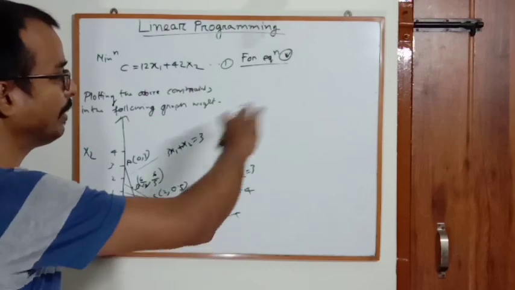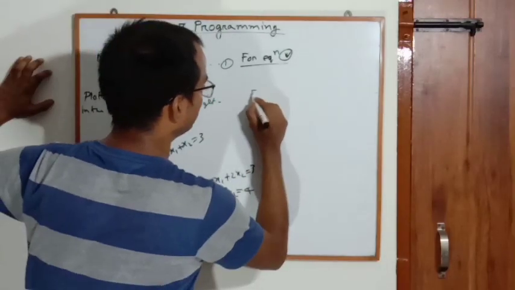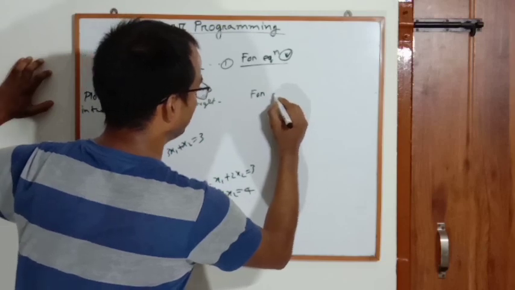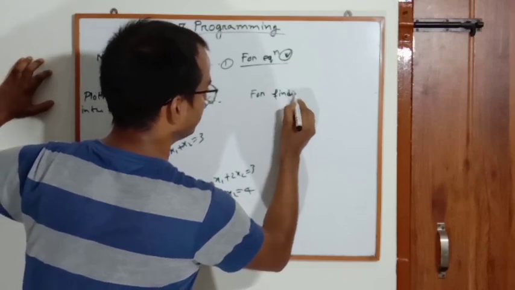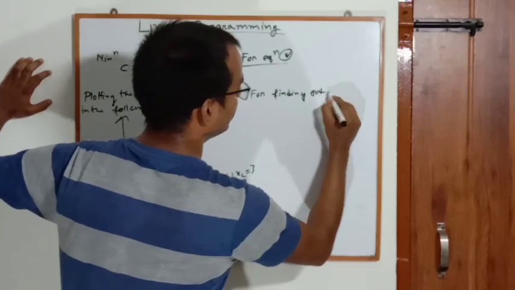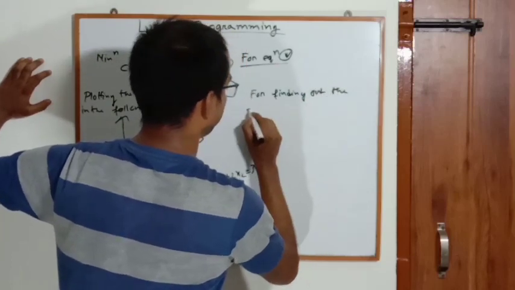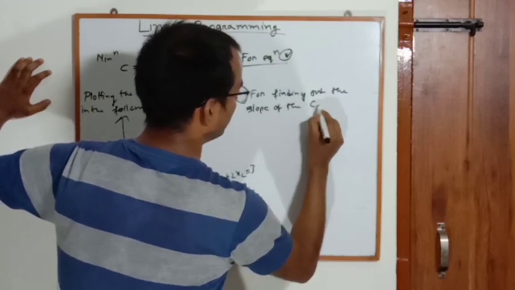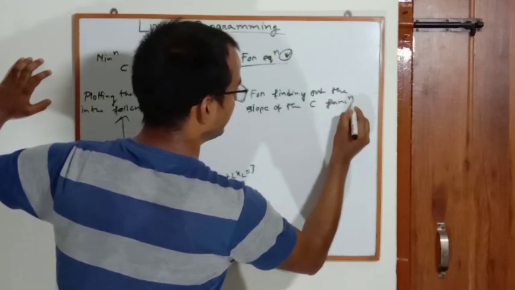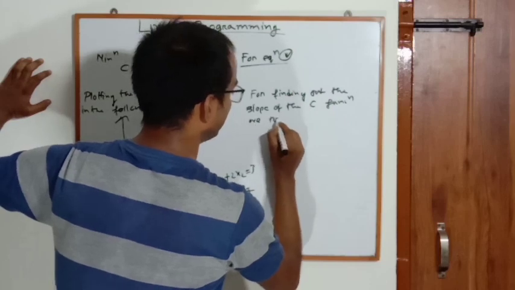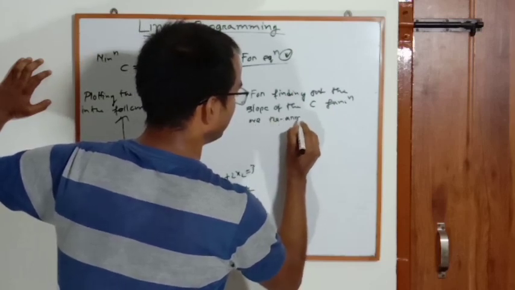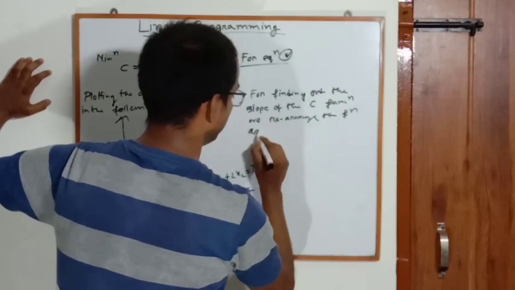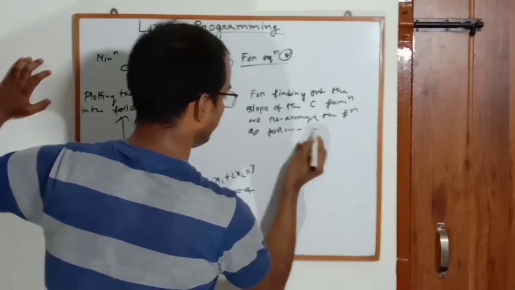For finding out the slope of the cost function, we rearrange the function as follows.